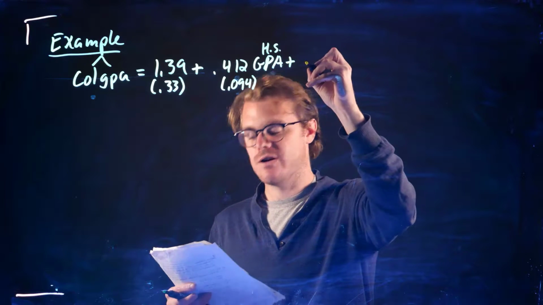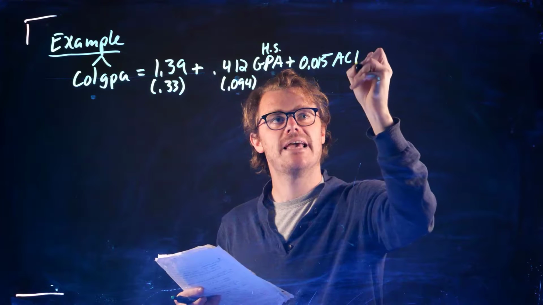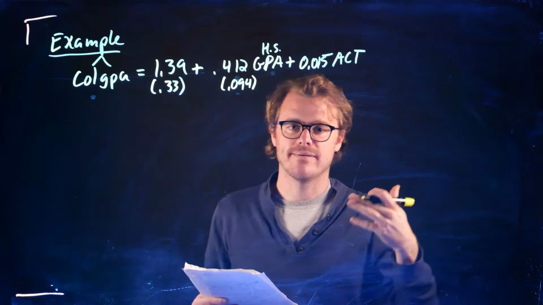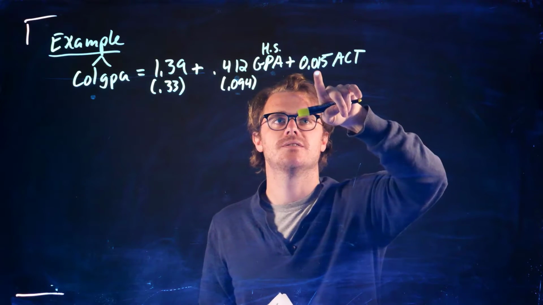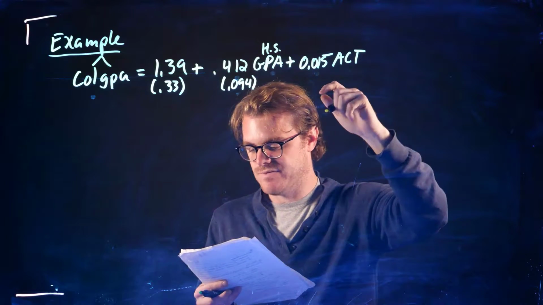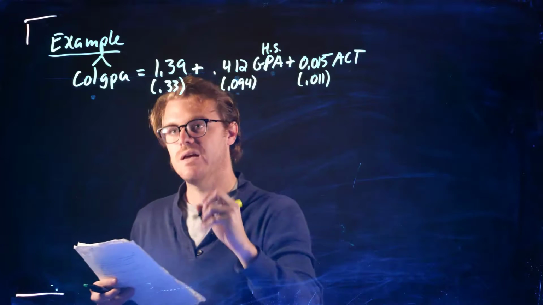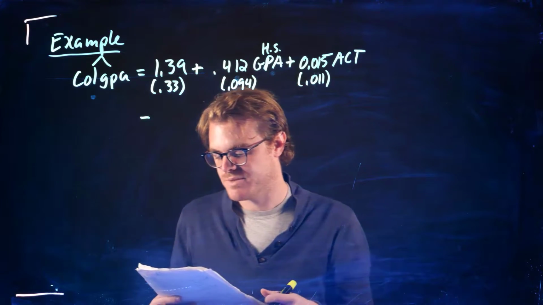Then we think that standardized test scores matter. So 0.15 and ACT, a standardized test in the US, the ACT, or SAT, if that's more familiar to you. This is our beta hat for the effect of the SAT, 0.11. And let's say the other thing that might determine college GPA is how many classes you skipped.